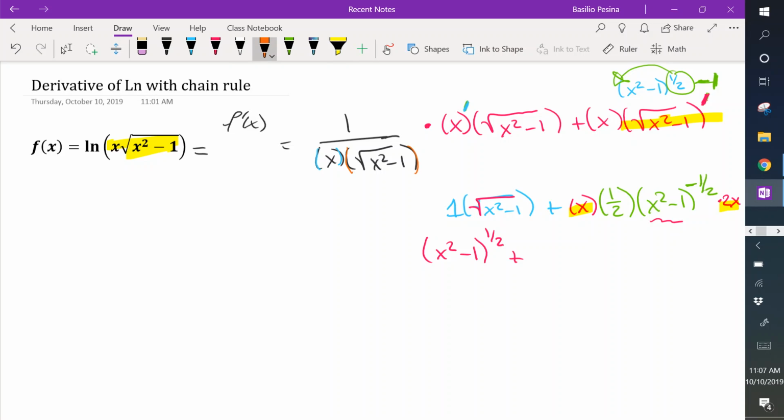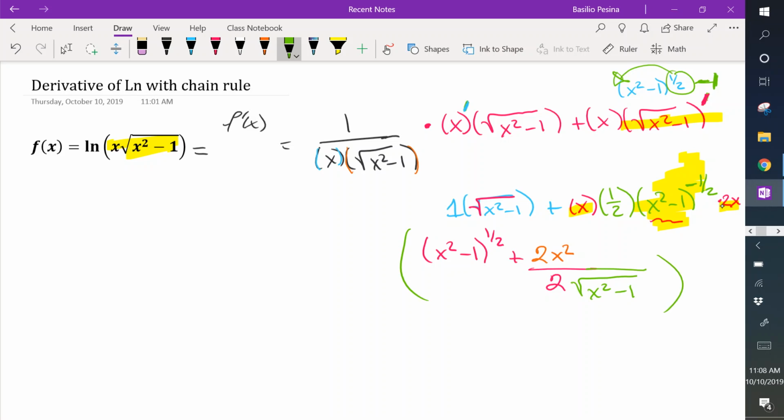So in reality, I have 2x squared, and this right here is 1/2, so this is going to get divided by 2, and then all of this right here says that I'm going to have a square root, but my exponent is negative, so therefore my square root is going to be in the denominator. Everything the same, x squared minus 1.